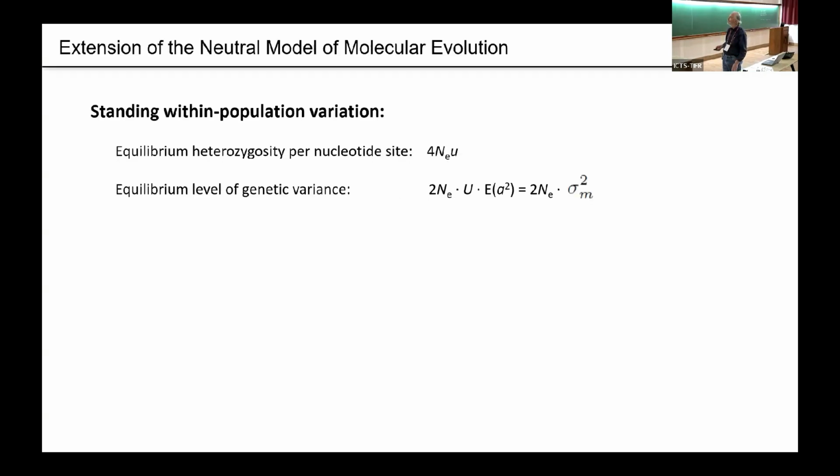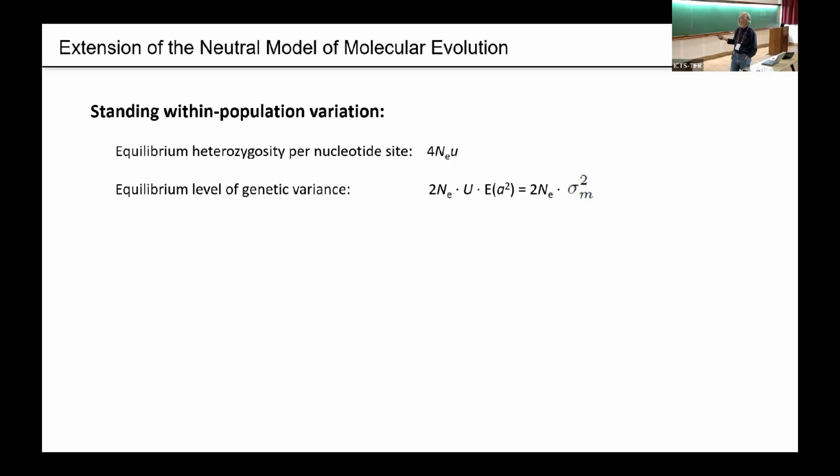to trying to put two processes together. Now we know about mutation rates, we know about drift, and we want to now think about what happens when mutation and drift operate together. And I'm going to think about this in the context of quantitative traits. So you may remember last class, we talked about at the molecular level, this is the expected equilibrium level of heterozygosity, genetic variation at nucleotide sites under neutrality.